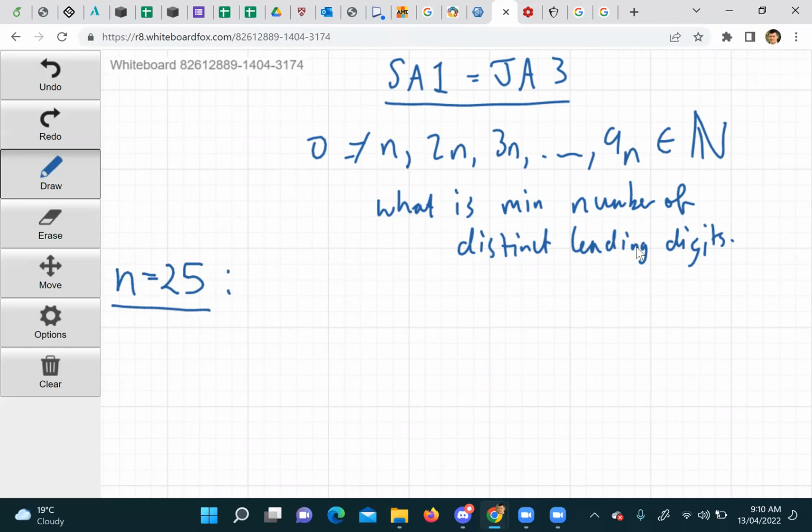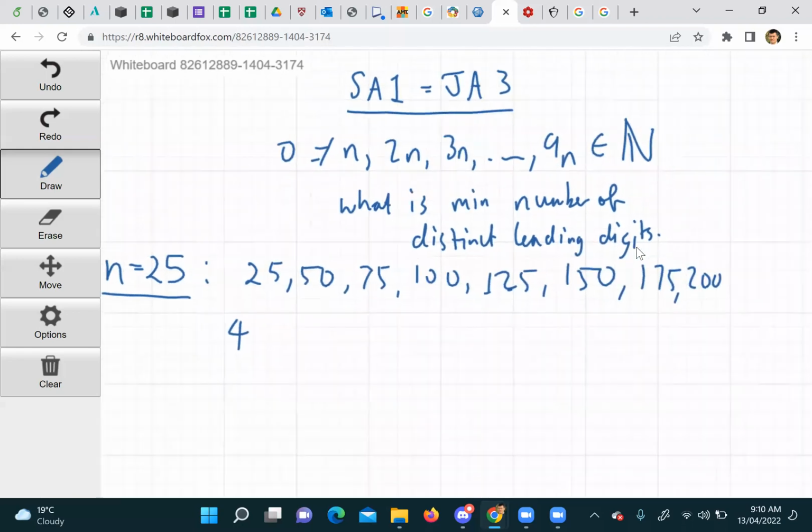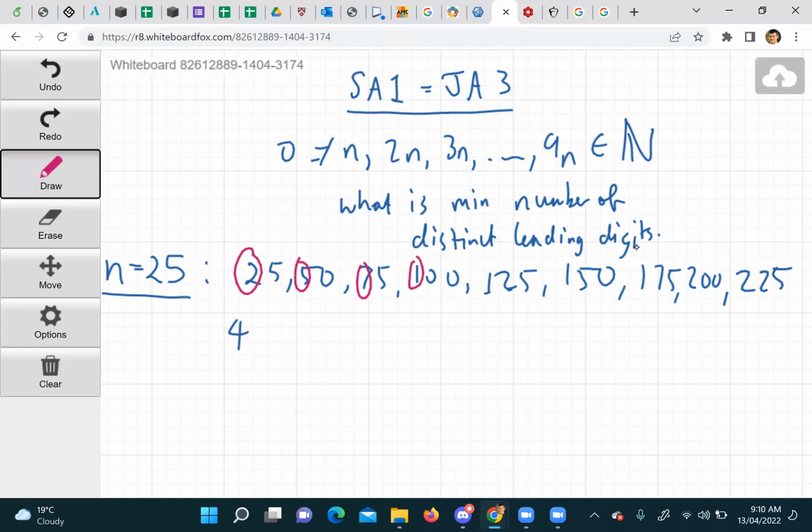You just write out the numbers, and you see that there are four leading digits. So this is 1, 1, 1, and then 2 is there.